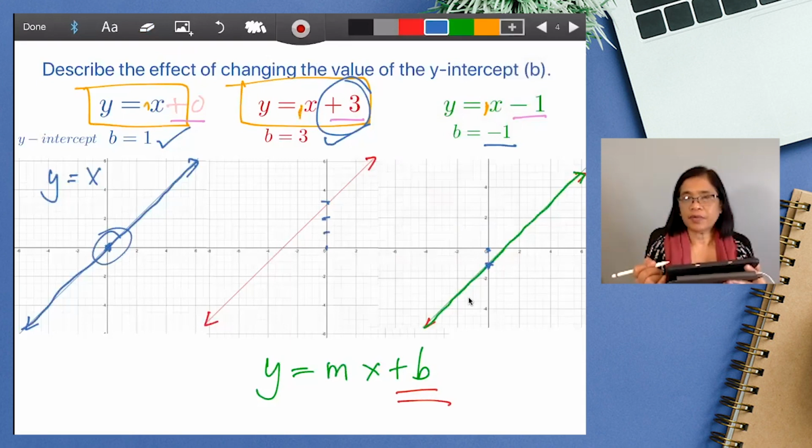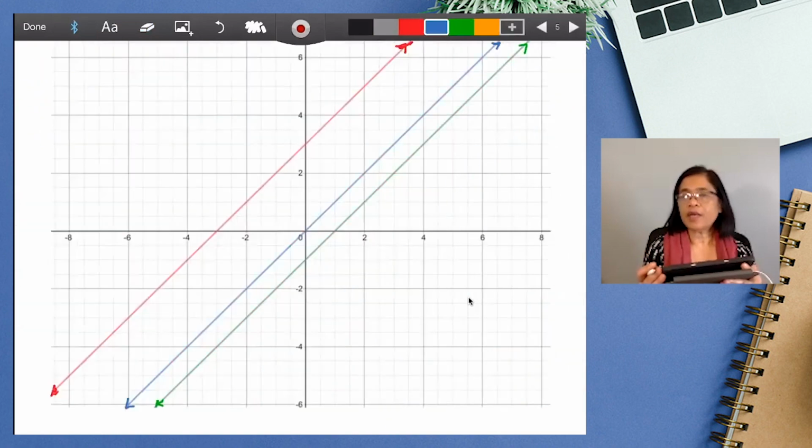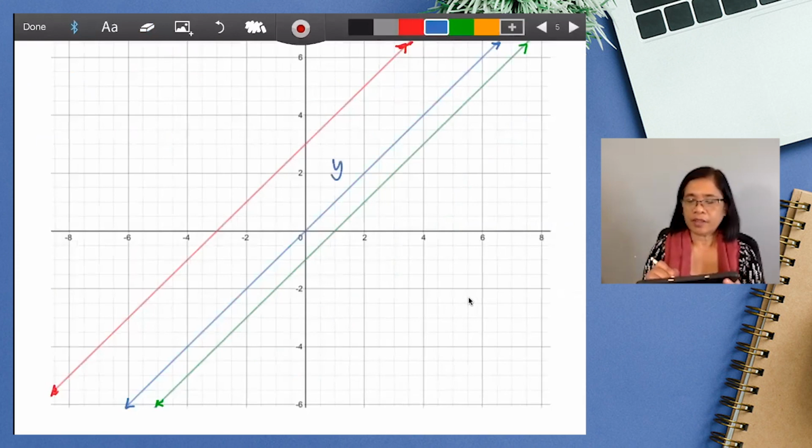Okay, process the information. You can take down notes. And if we graph all the three lines in one coordinate plane, again, our blue line is the line y is equal to x. The green line is y equals x minus 1.